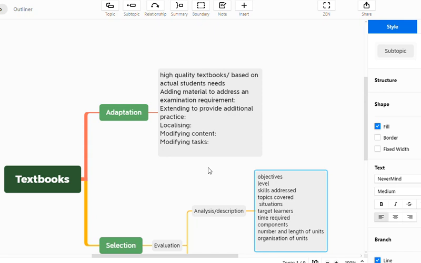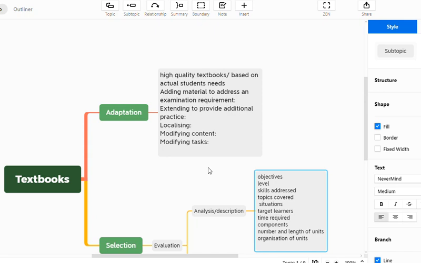Low quality textbooks are low quality, so it is not possible to adapt them. When we are adapting, we are talking about high quality materials. High quality materials are materials which are based on the norms of material development and principles of language teaching and learning.